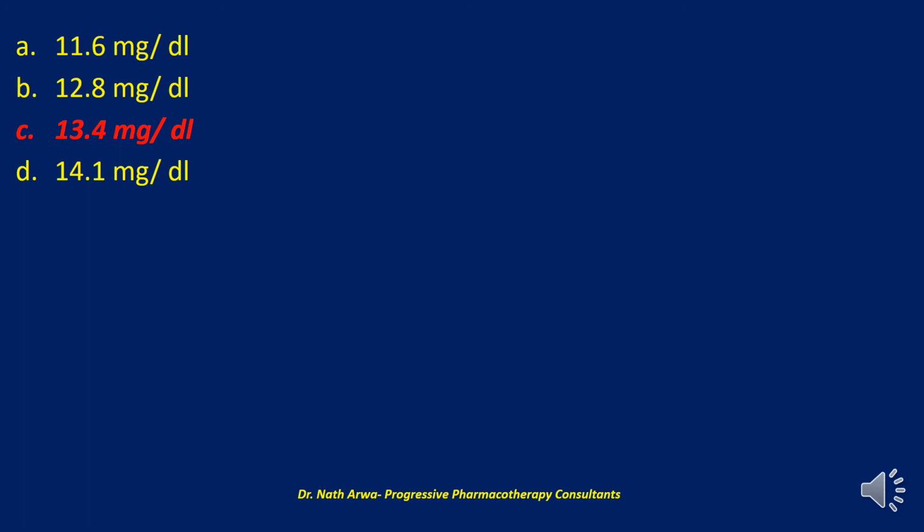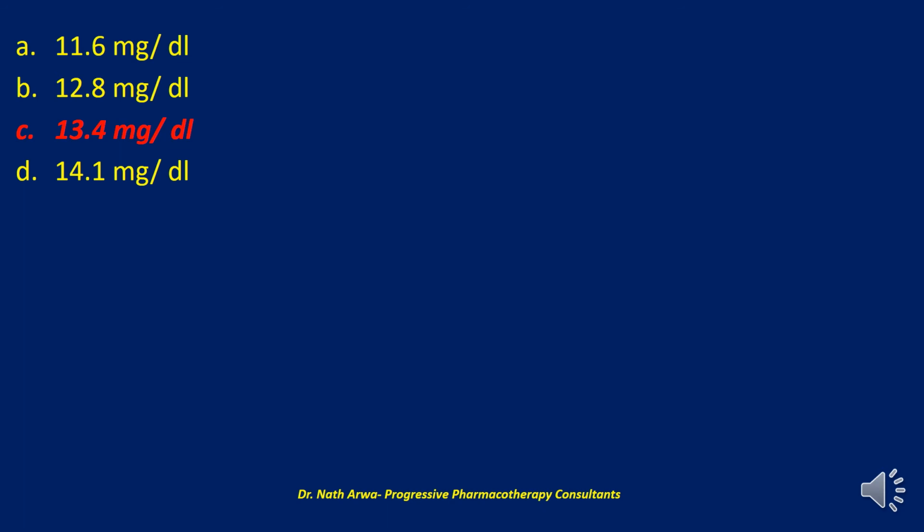Now, corrected calcium should be calculated when the albumin is less than 3.5 grams per deciliter. About 50% of calcium is bound to albumin in the body, and in the setting of low albumin levels, corrected calcium will provide a better estimation of free calcium in a patient. Remember that.